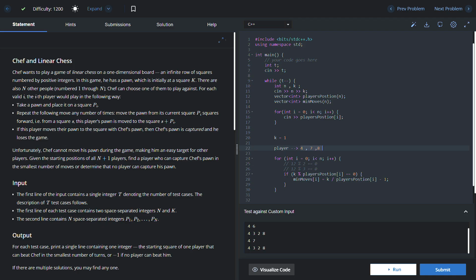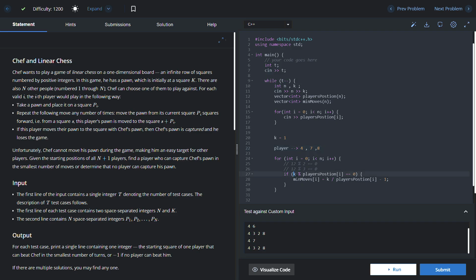Unfortunately, chef, okay, and times. Yeah, then here it is. Repeat the following move any number of times. Move the paw from its current square pi squares forward only. Right. So these players will move to next positions, not in the backward way.